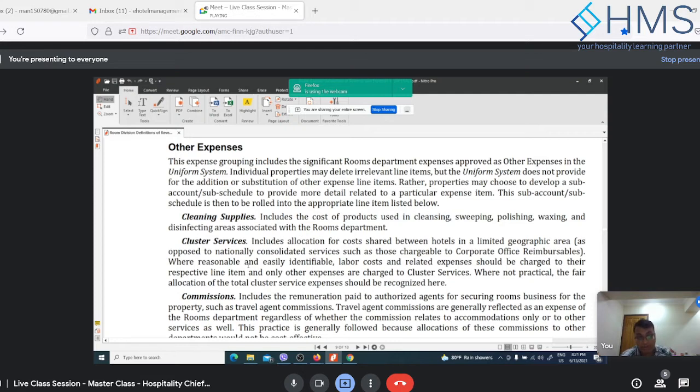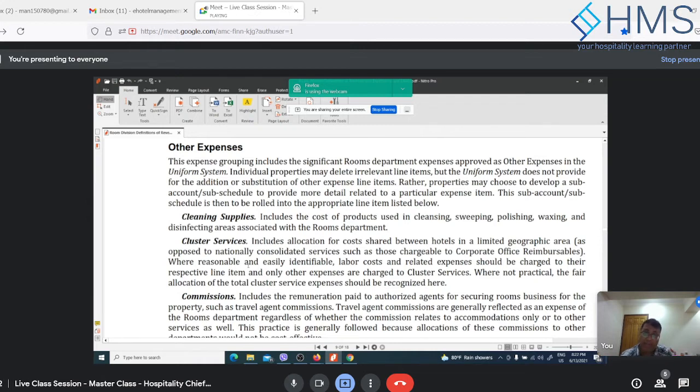Even though it's not a part of the curriculum, just to explain to you, you might be hearing about labor productivity, which means how many rooms are cleaned by housekeeping staff, how many check-ins are done by front office staff, how many guest services are handled by operators, how many guest requests are handled by the concierge staff or by the transport staff, how many airport pickup and drop or any other kilometers that they are running.